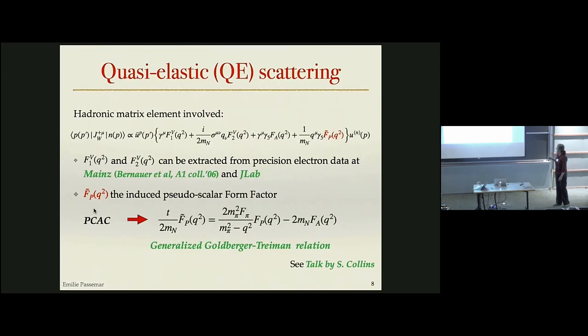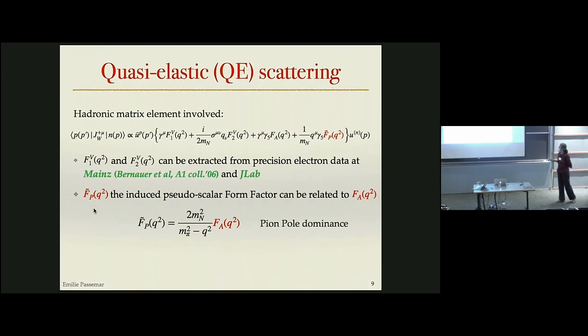And so if I look at this induced pseudoscalar form factor, I can relate it using this partial conservation of axial current to the axial form factor and the pseudoscalar form factor. This is the so-called generalized Goldberger-Treiman relation. And Sarah Collins told us a lot about this relation and how it is computed on the lattice.